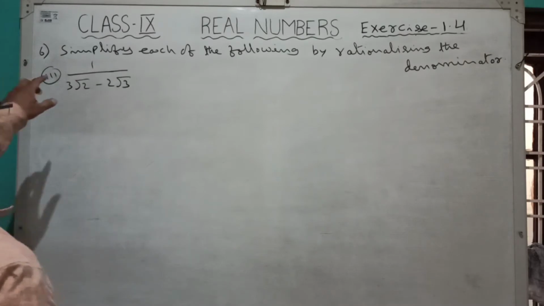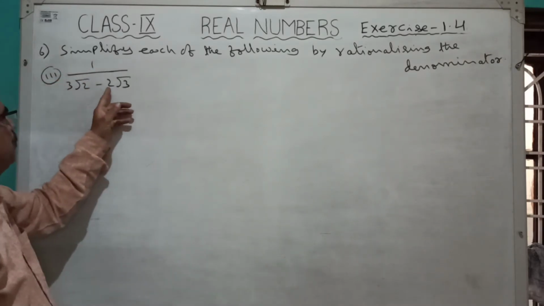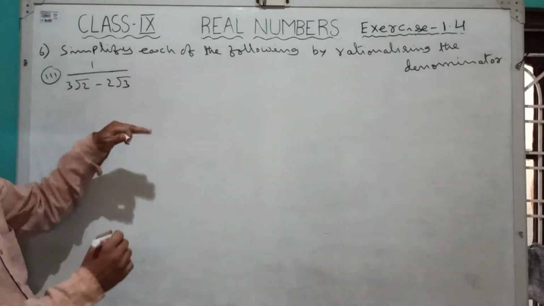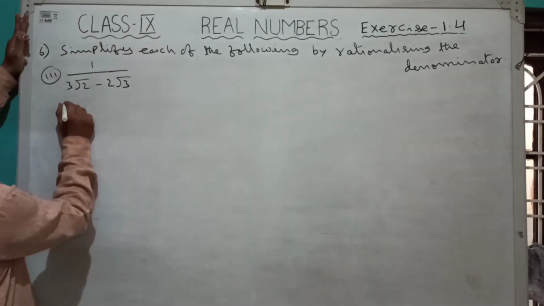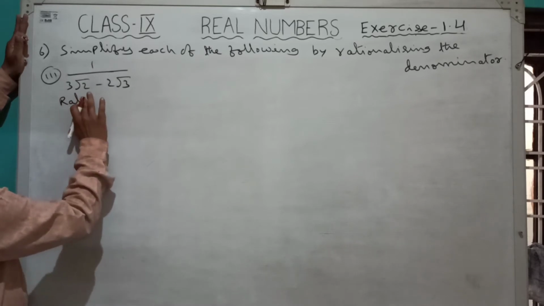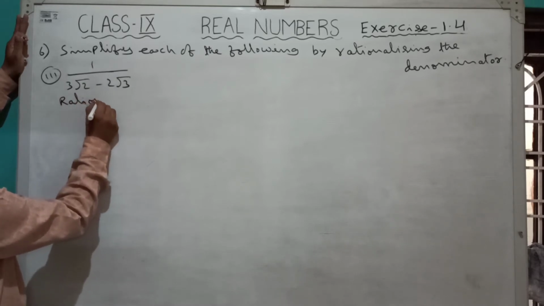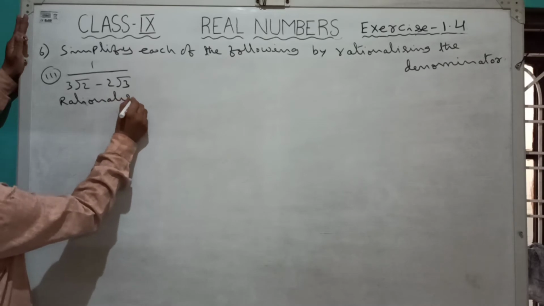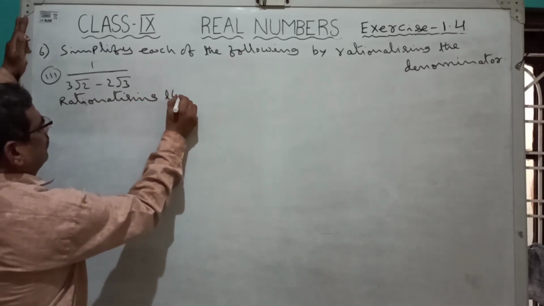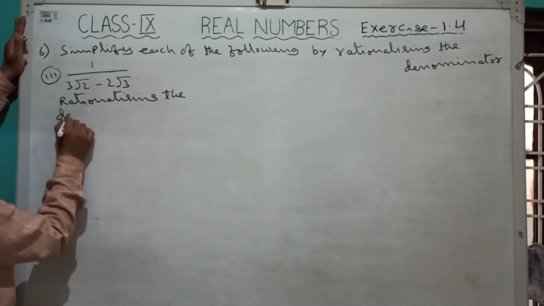So third is 1 by 3 root 2 minus 2 root 3. So here also we can write rationalizing the denominator.